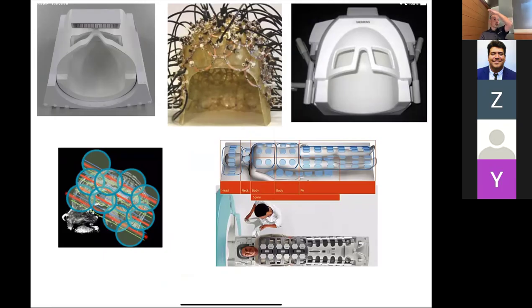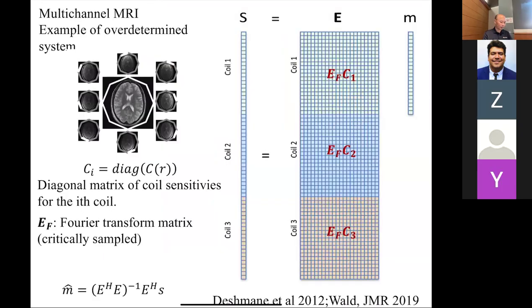Another coil here is sensitive to this part of my head. That should tell you something about your object too, right? For example, if there's nothing here, this coil is not going to pick up anything. So these coils have a lot of information, and if you don't take that into account, you're sort of throwing away information. So the main thing was how to use the coils to introduce more information.